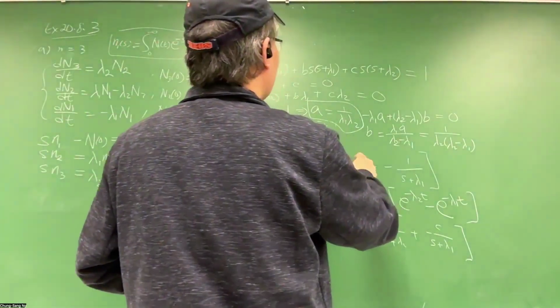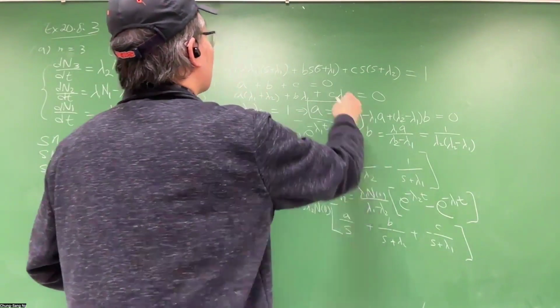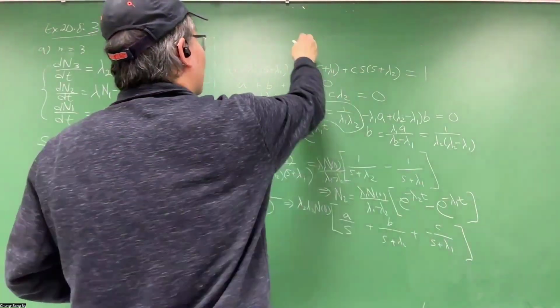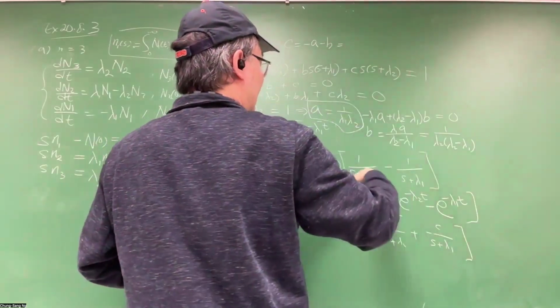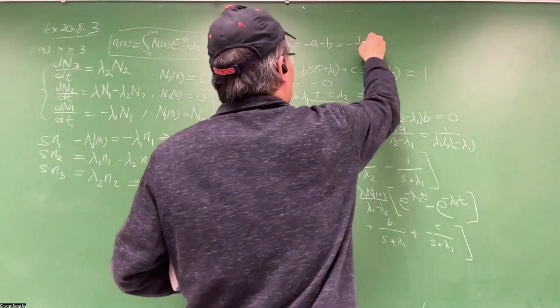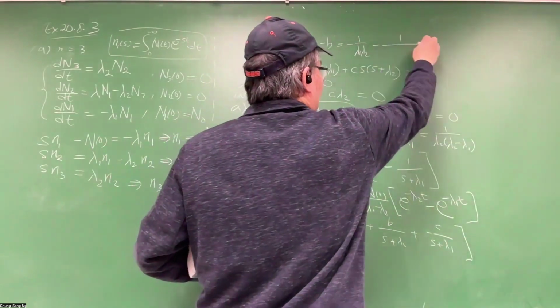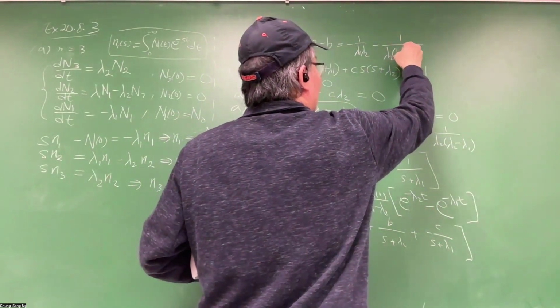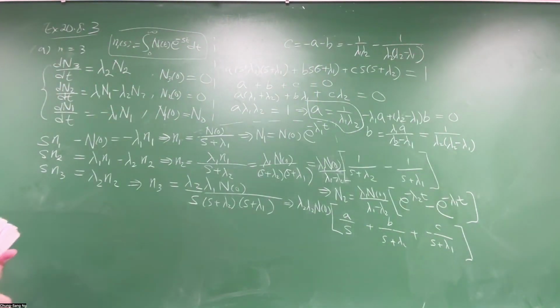Okay, now we're getting there. So C is minus A minus B. Okay, we got it solved.